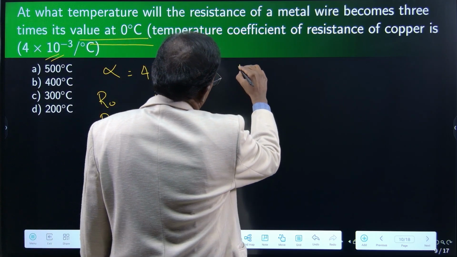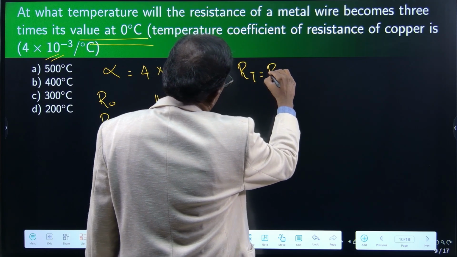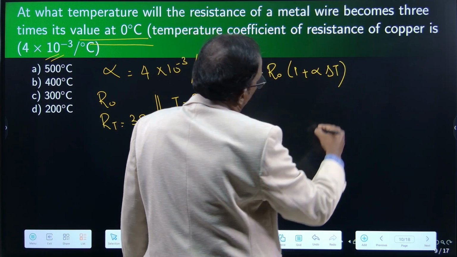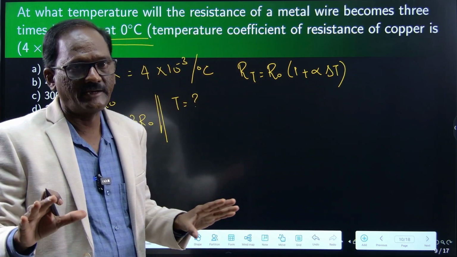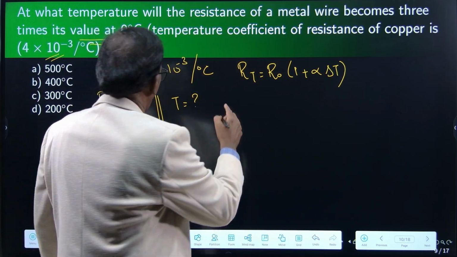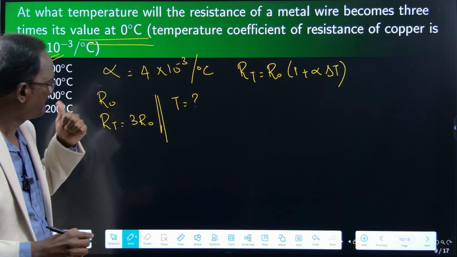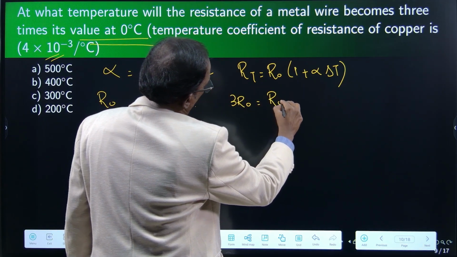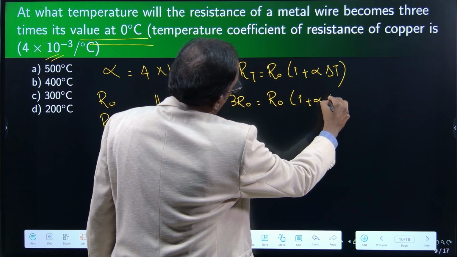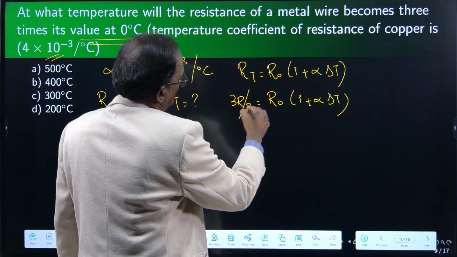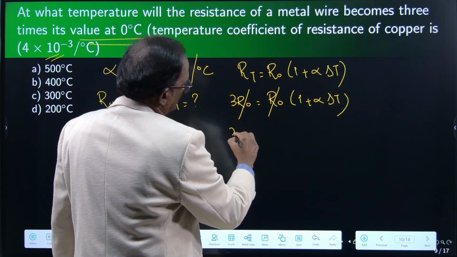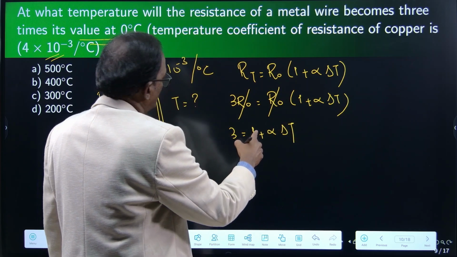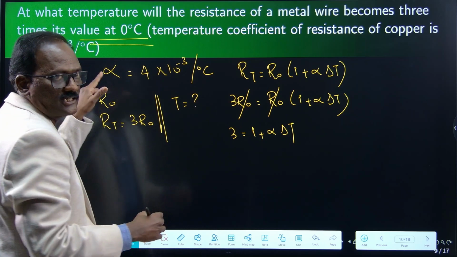So we will start from the expression RT is equal to RO of 1 plus alpha delta T. From this we will separate delta T. RT is 3 RO. RO can be removed. 3 is equal to 1 plus alpha delta T. Alpha is given as 4 into 10 to the power of minus 3.